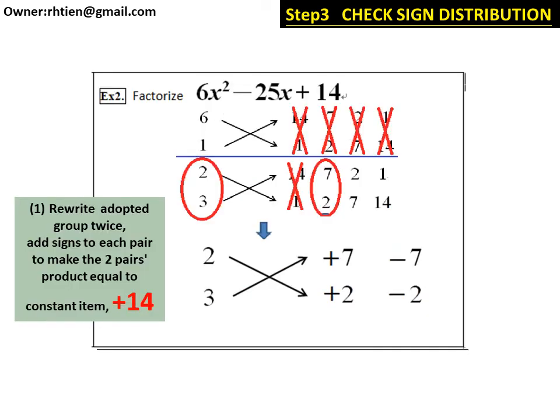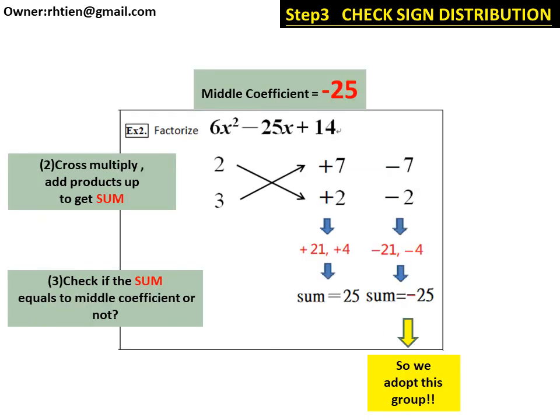Okay, example 2, we rewrite the adopted group twice, 2, 3, 7, 2, and add signs to make their products equal to the constant item positive 14. So we add positive 7, positive 2, their product is positive 14, and negative 7, negative 2.